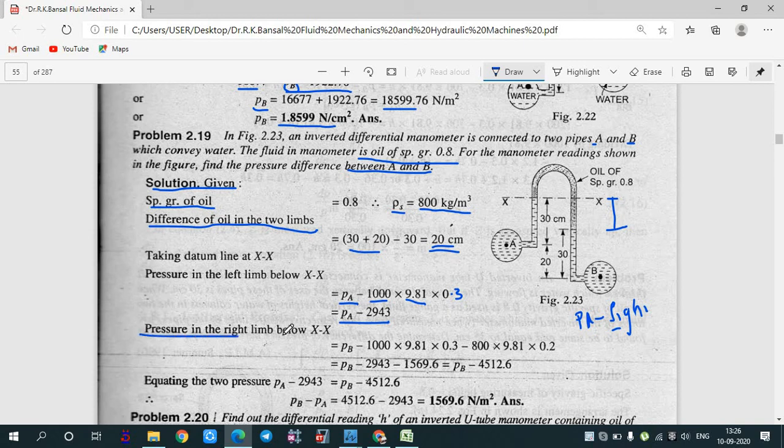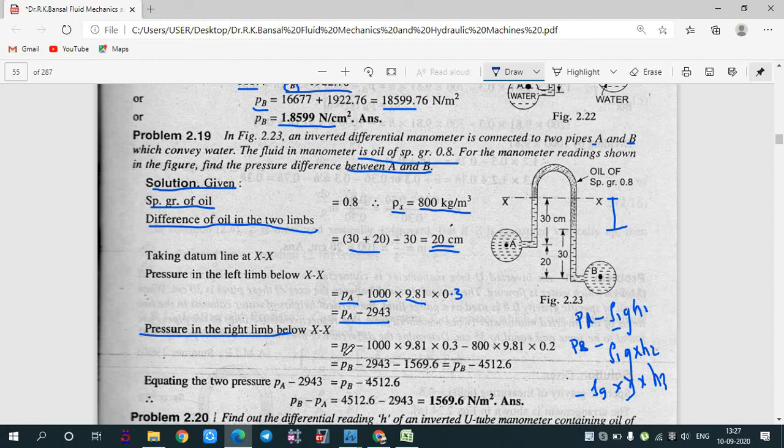After that, the pressure in the right limb. In the right limb we have this vessel B, this will be PB. After that, it has water to some height, which is rho 1 g H2. After that, it has oil, which will be rho g and height H3. So we'll put all the values in this.